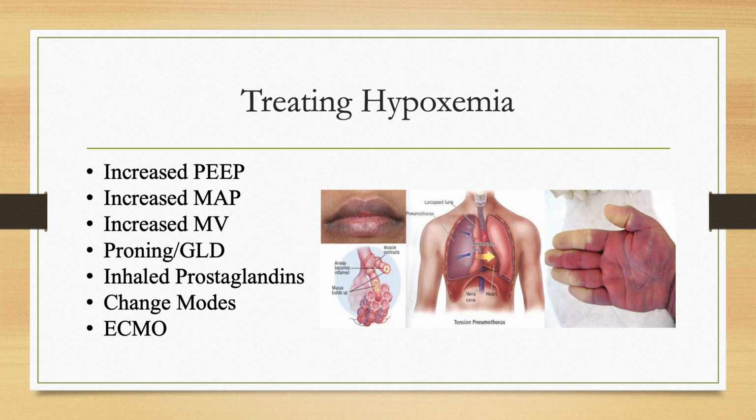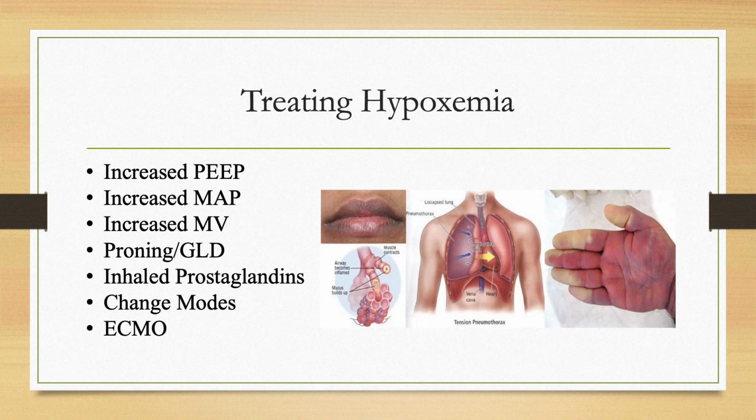Another way we can treat hypoxemia, and it's not really the way I overly recommend, is increasing minute ventilation. So if you're sweeping air in and out of the alveolar sac more quickly, then you're exchanging more CO2 and you're making a more oxygen rich environment.